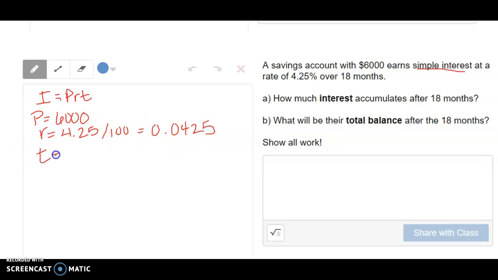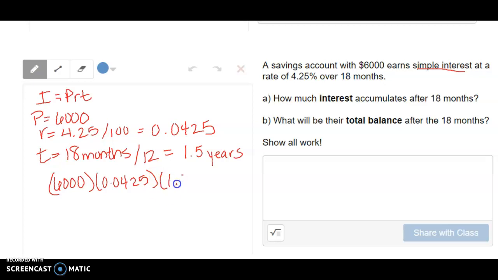And our time here is 18 months. This isn't in years, so we need to convert it to years. So to get months to years, there's 12 months in a year, so we're going to divide by 12, which gives us 1.5 years.